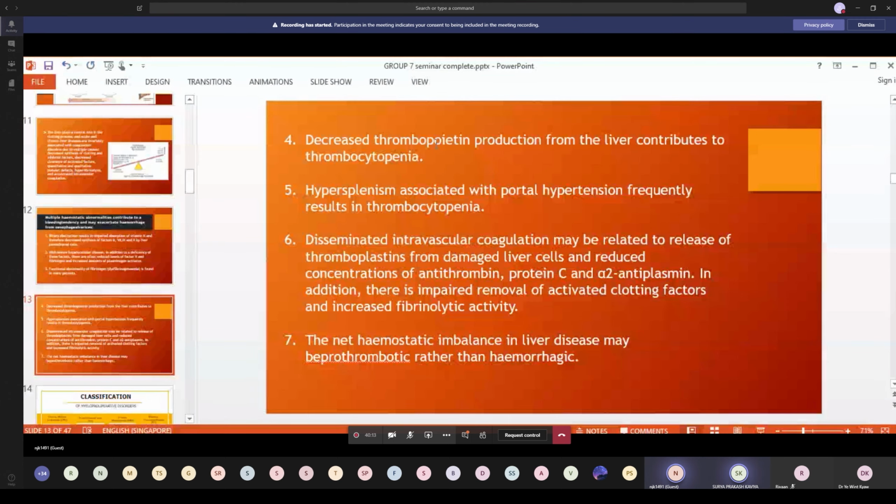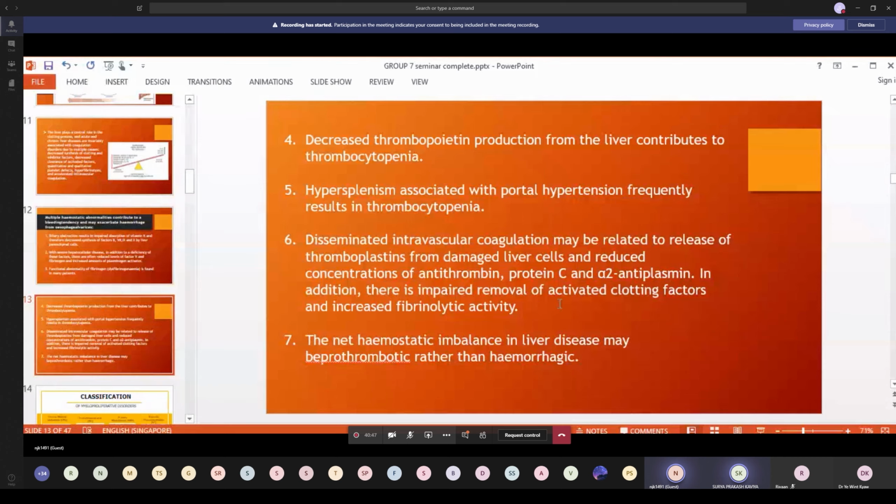Decreased thrombopoietin production from the liver contributes to thrombocytopenia. Dr. Ye mentioned this in the lecture, if you remember the slide. Hypersplenism, this is the spleen, and portal hypertension. Disseminated intravascular coagulation may be related to release of thromboplastin from damaged liver cells and reduced concentration of antithrombin, protein C, and alpha-2 antiplasmin.